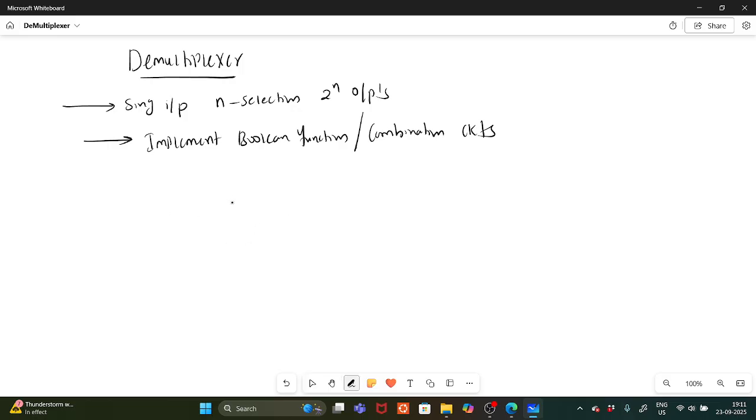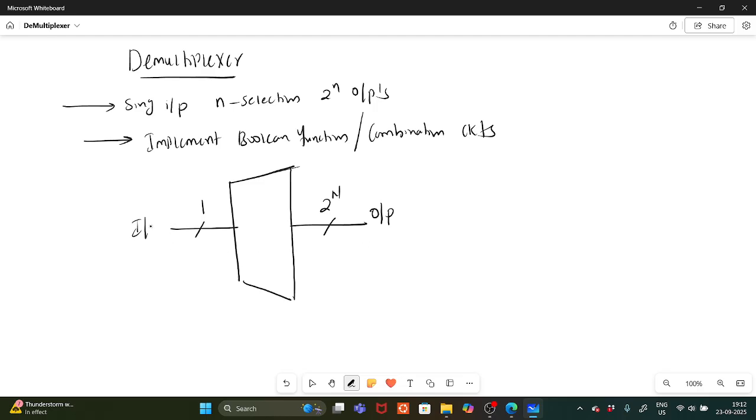So how will the DeMux look? This is the DeMux. You have one input, and 2 power n outputs, and n selection lines.